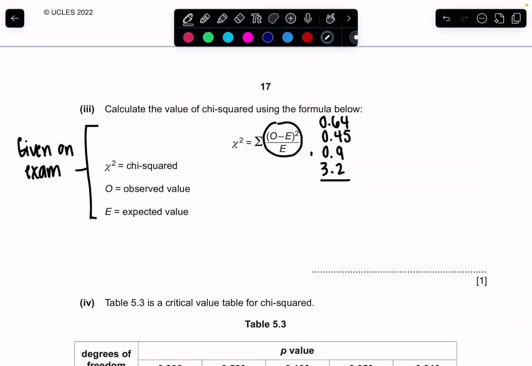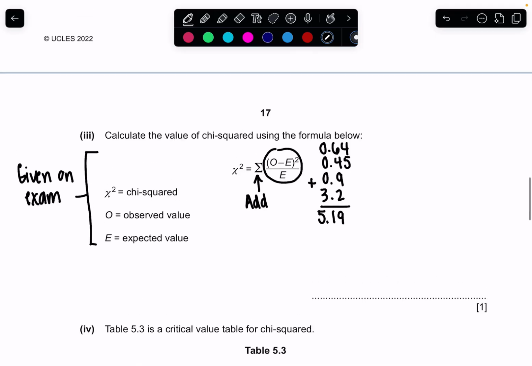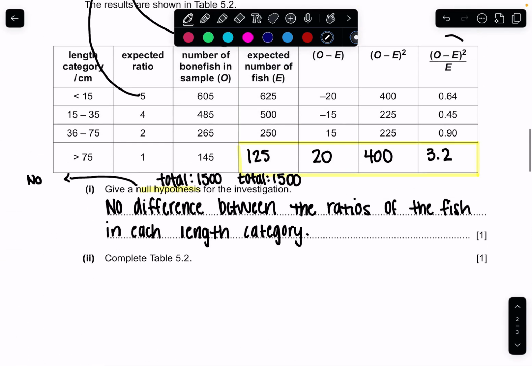When you add up that last column, you're going to see 5.19 is your answer. You're going to write that on your line because remember, that sigma sign means to add. So you would add up everything in this last column.